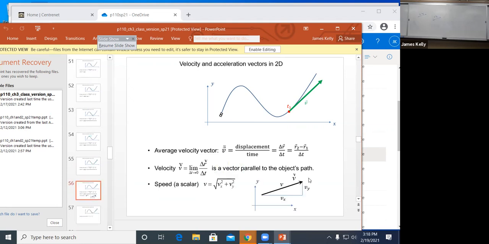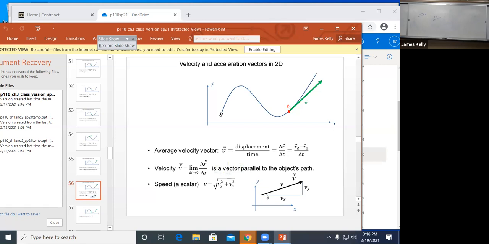Okay, that's the velocity. The speed, which means how fast is this ant going, is just the length of the velocity vector. Okay, speed is the length of the velocity vector. And you can see if I draw the velocity vector in the xy plane here, to get the length of it, I could use the Pythagorean theorem.